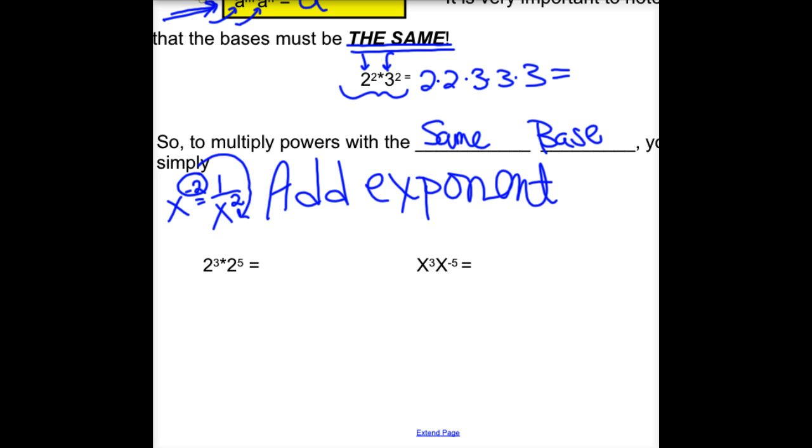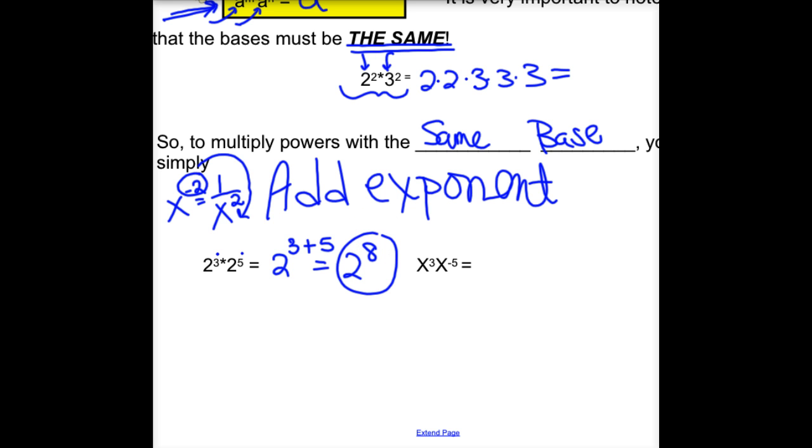What do we get when we do 2 to the 3rd times 2 to the 5th? Well, I don't want to write them all out, and I don't want to do what looks good, which would be to say, oh, I just multiply these and it's 15. I'm going to do what the property says. I would have 3 2's and 5 2's, giving me 2 to the 3 plus 5, or 2 to the 8th. It's as easy as that. I simply add those exponents up.